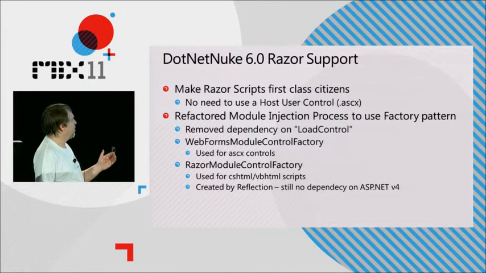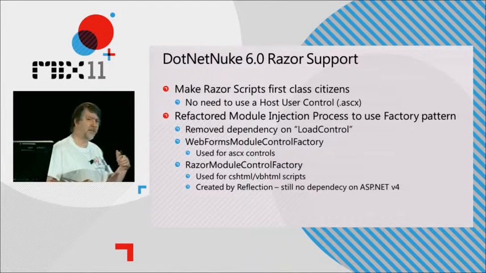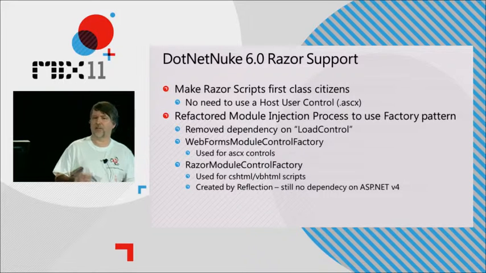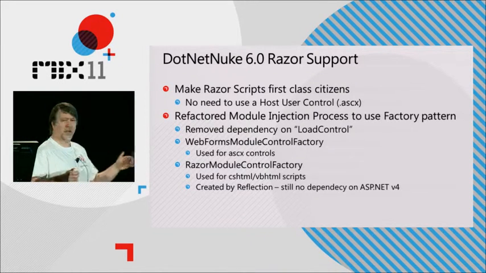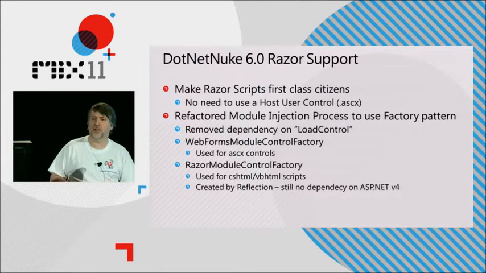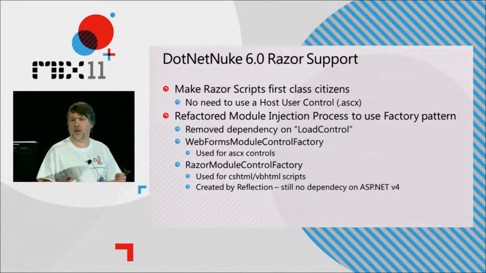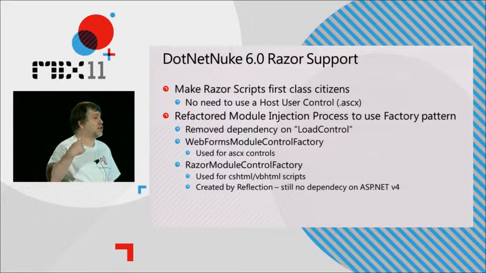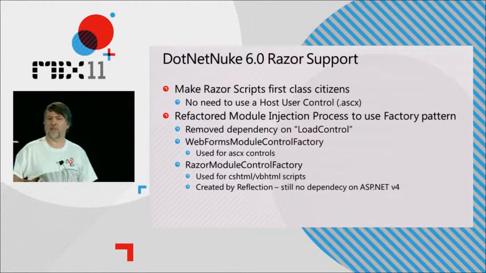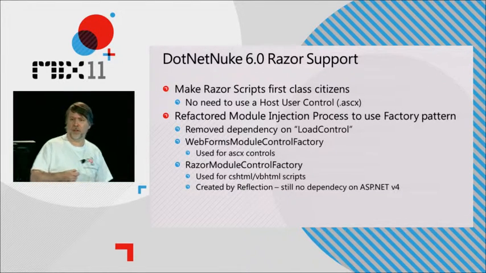There is a web forms module control factory if it detects that it's an ASCX file, or if your module control source says it's a CS.HTML file, then it will create a Razor module control factory and inject the CS.HTML file directly into the source tree.